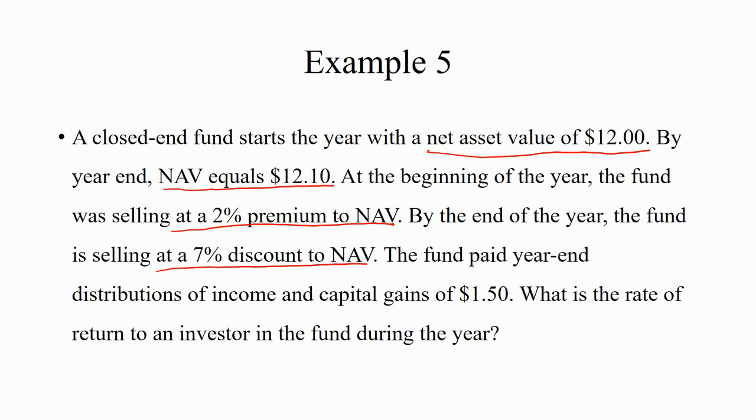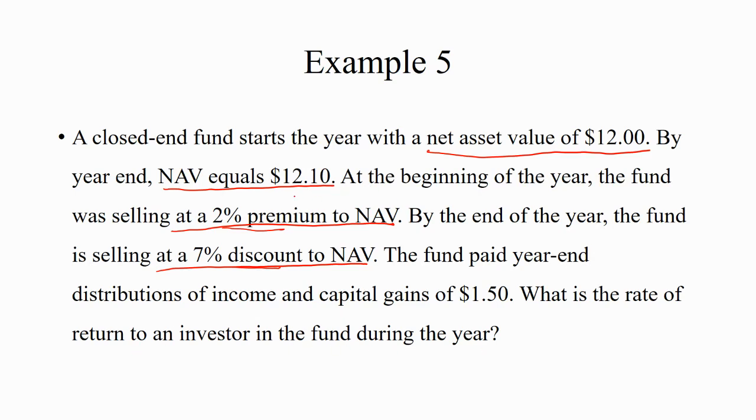Now, these are the things you can note to recognize a question regarding closed-end funds. For open-end funds, you will never see the terms premium and discount to NAV. The fund paid a year-end distribution of income and capital gains of 1.5. What is the rate of return to an investor in the fund during the year?